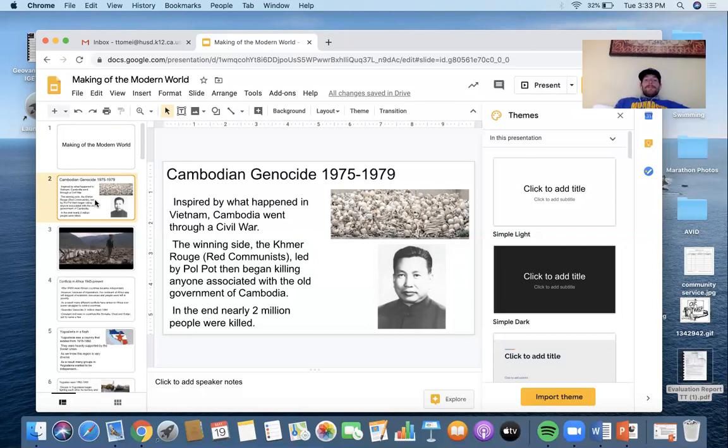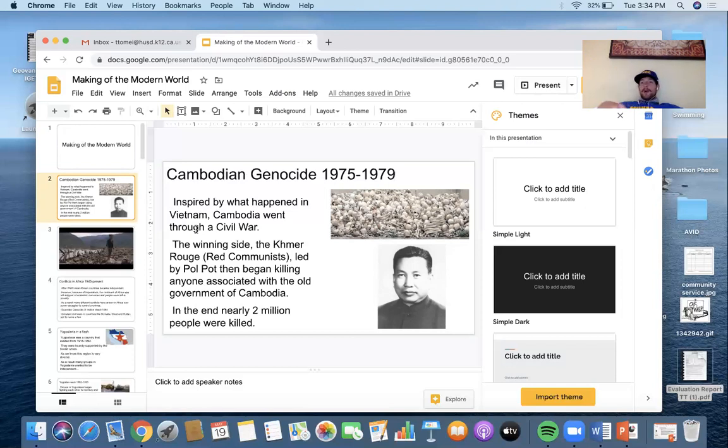The Khmer Rouge was led by this guy, Pol Pot. He pretty much began killing anyone who was associated with the old government or anyone who really was against the Khmer Rouge. In the end, it's estimated about 2 million people were killed in this time period. And Pol Pot is often in the same conversations when we talk about the worst tyrannical mass murderer dictators like Stalin, Hitler.